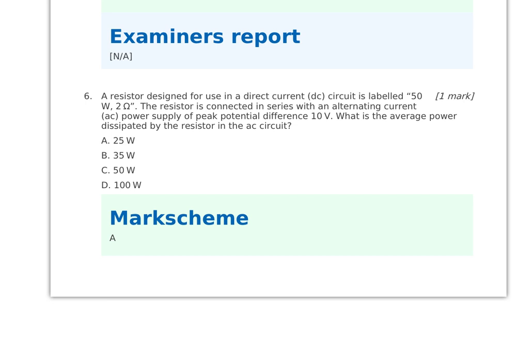Okay, so for number 6, we have to read carefully. It says resistor designed for use in a direct current circuit. And then it talks about how it's actually being attached to an alternating current power supply with a peak potential difference of 10 volts. That's V naught. And so if we're working with a direct current equivalent resistor, what we want is VRMS.